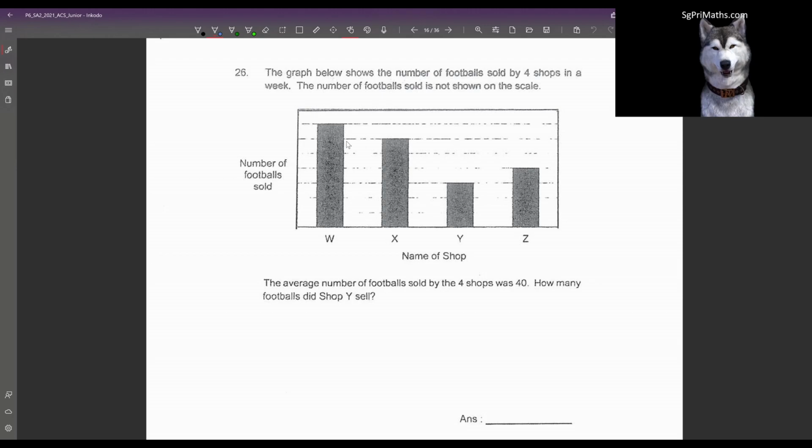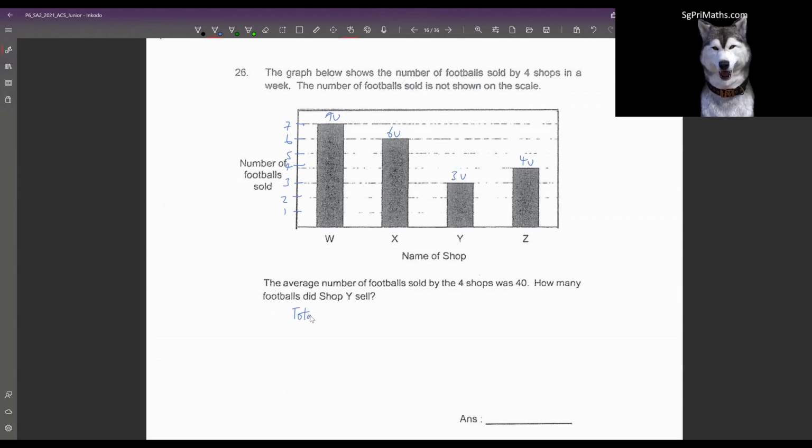We can count the number of units. Let's draw the lines out first. 1, 2, 3, 4, 5, 6, 7. So just count by units: 7 units, 6 units, 3 units, and 4 units.